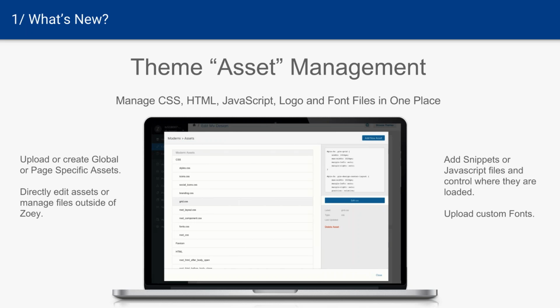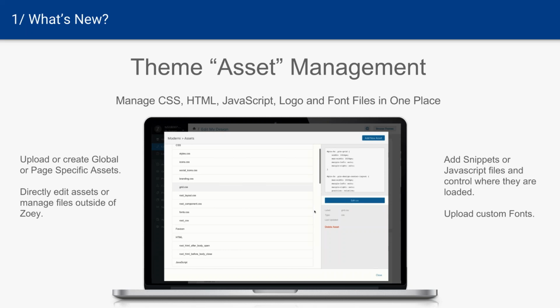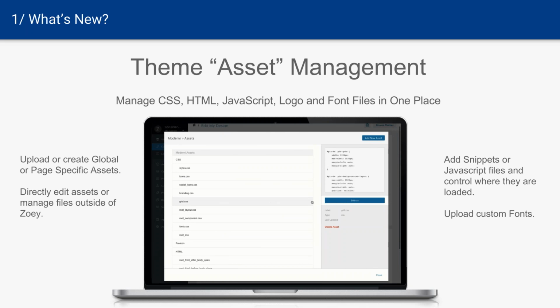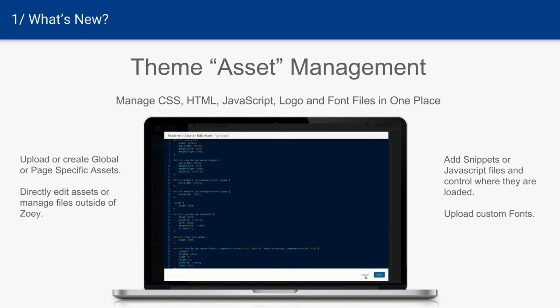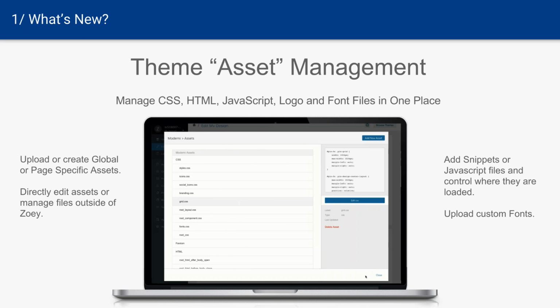You can also manage other assets for your themes such as logos, favicons, and even upload custom fonts that will automatically show in your branding tool. Code assets can also be managed directly within the asset editor, or you can manage them externally as files on your computer and upload new versions.